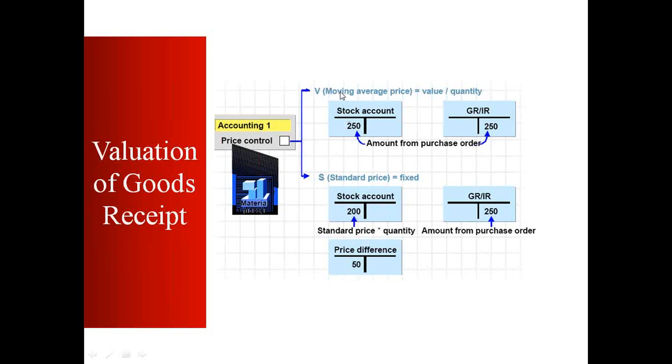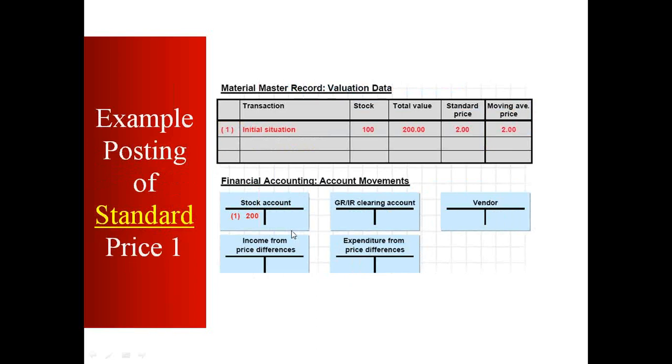But with moving average price, in the stock account it will always put the purchase order price. In the standard case, it will put the standard price and put the difference here. You can see they are different types of general ledger account, and one side is credit, the other side is debit. So let's see the same example in more detail.